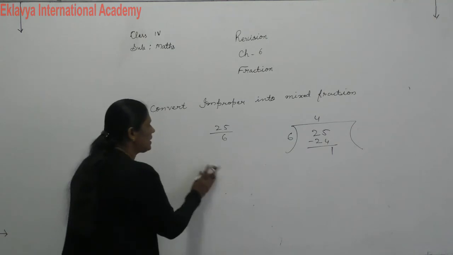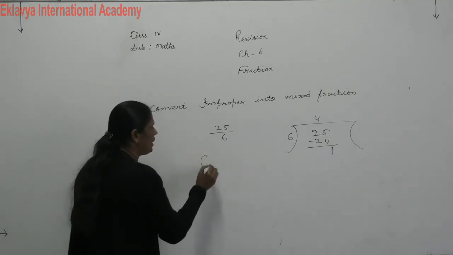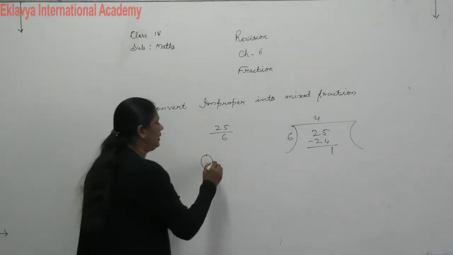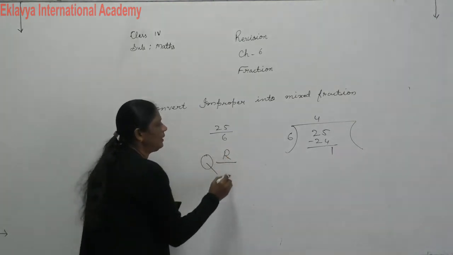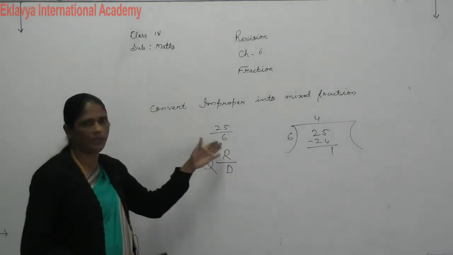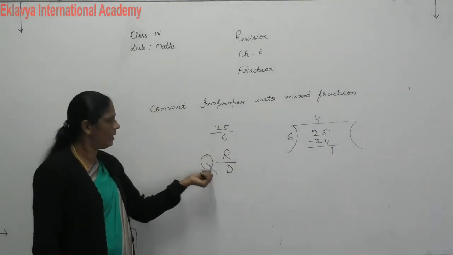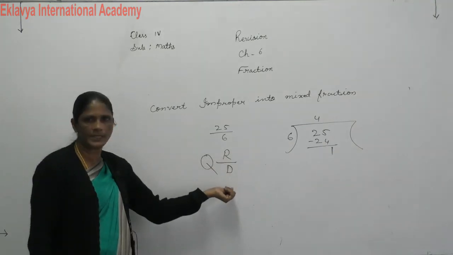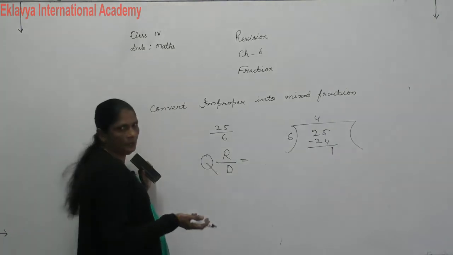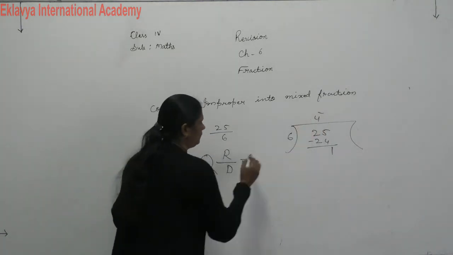Then there is a formula: quotient, remainder, divisor. The divisor is our denominator. First you write our quotient. What is our quotient? 4.